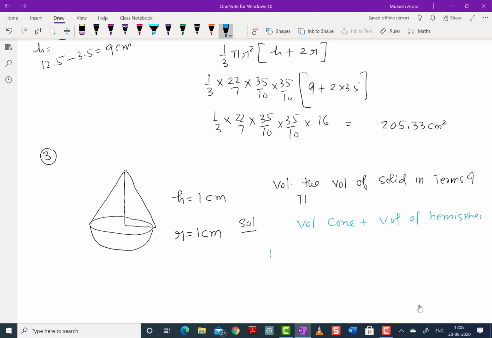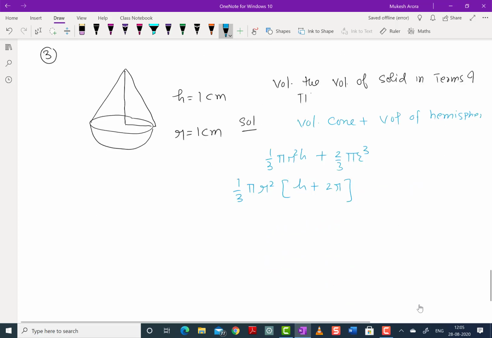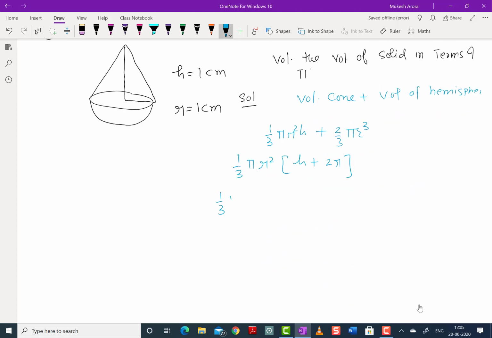Volume of cone is 1 upon 3 pi r square h plus 2 by 3 pi r cube. 1 upon 3 pi r square is common, that is h plus 2 r. 1 by 3 pi, 1 into 1, h is 1 plus 2. So 1 by 3 pi into 3. So the answer will be pi centimeter cube.